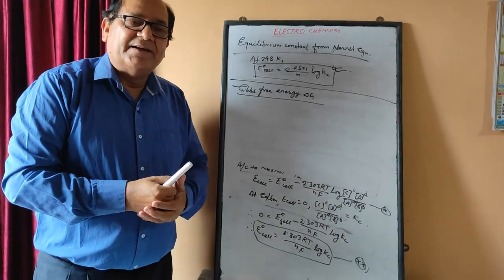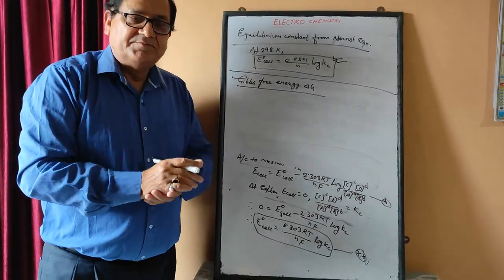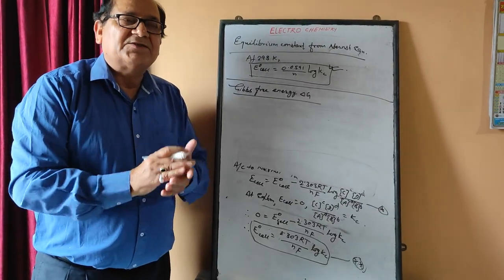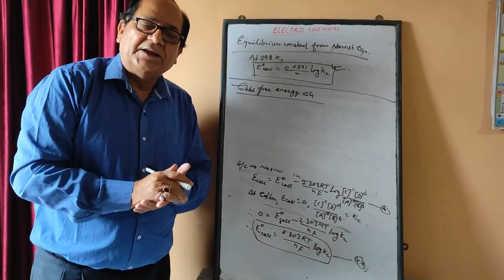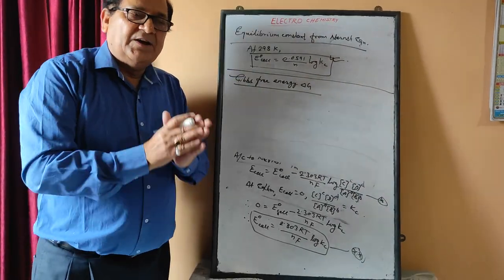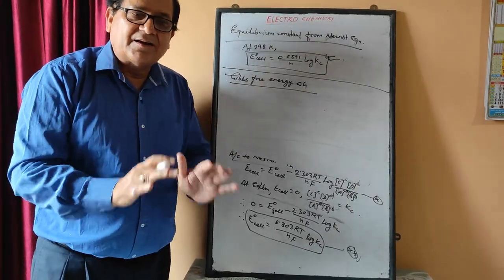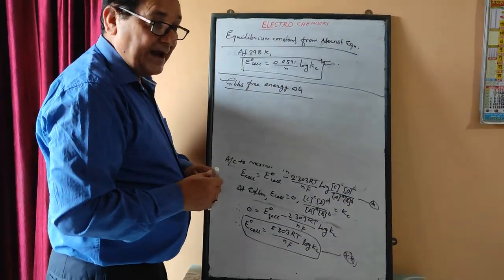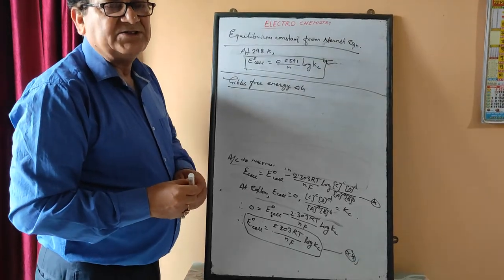Already I have explained that the decrease in energy which is used for non-expansion work like electrical work is known as Gibbs free energy, and in standard state it is known as standard Gibbs free energy change.